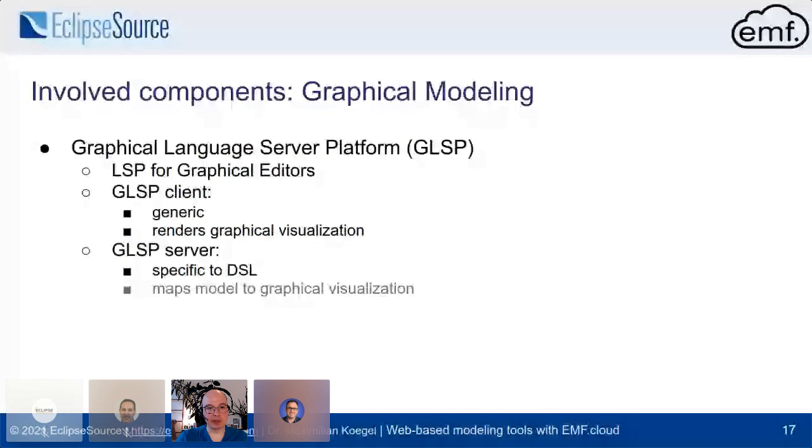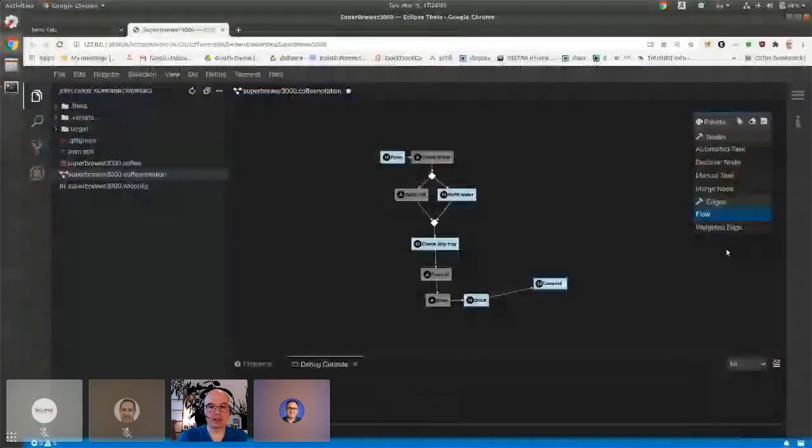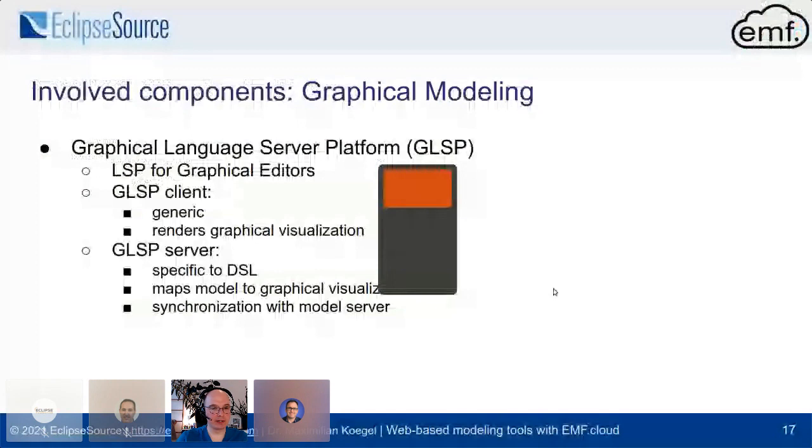And so the responsibility of the GLSP server is to map the underlying semantic model that we can, for example, also see in the form-based editor to a graphical visualization. And it's also responsible for synchronizing with the model server. So if you think about the change earlier, when I changed a node in here, this does not only change the graphical visualization, this also changes the semantic model because it changes the name of this activity in the underlying model. So in this case, the GLSP server has to inform the model server about that change.